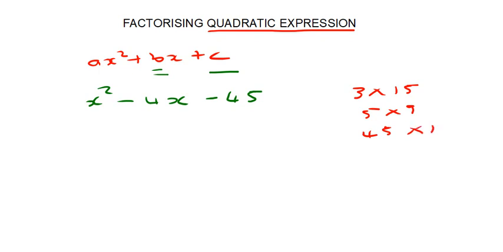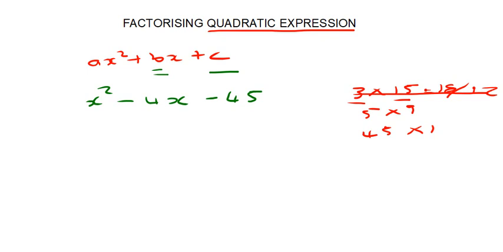After finding these factors, you have to check which ones, when you add or subtract them, give you the middle term. When you add 3 and 15, what will you get? You'll get 18. When you subtract, you'll get 12. So we cancel those ones out. They won't work. So we have 5 and 9.